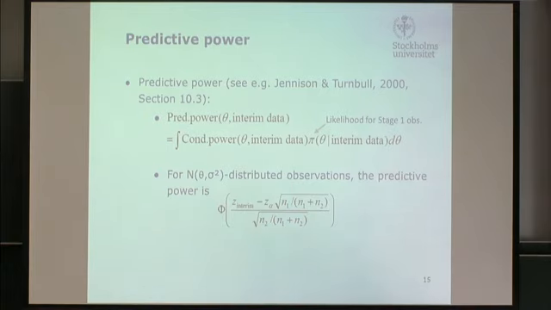Or you could view this as starting with a non-informative prior before the study, and then having in the interim analysis a posterior distribution here.